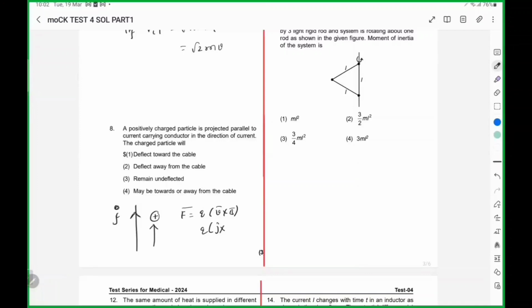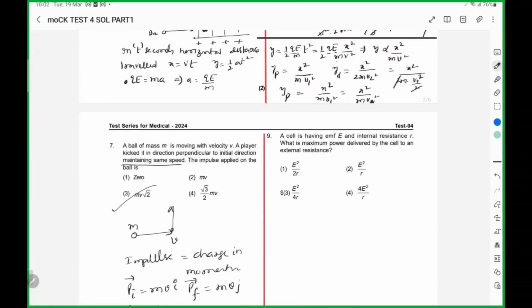So current is passing in the y direction. So by right hand thumb rule, magnetic field direction will be into the plane. That is minus q times j cross i, which is q i. That means force acts towards the cable.